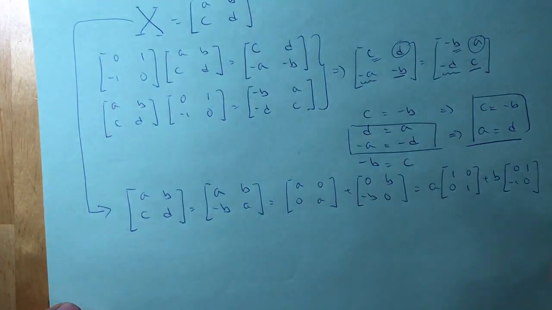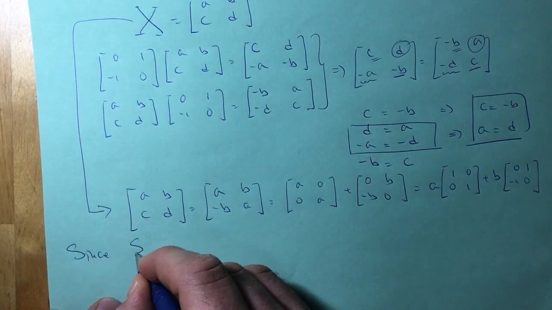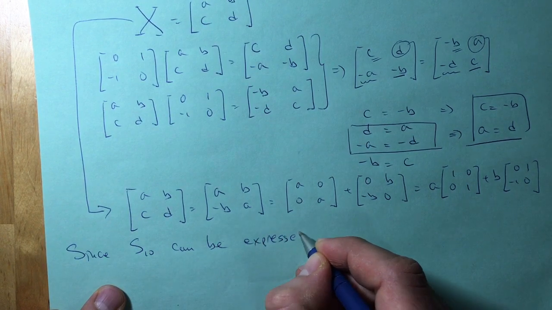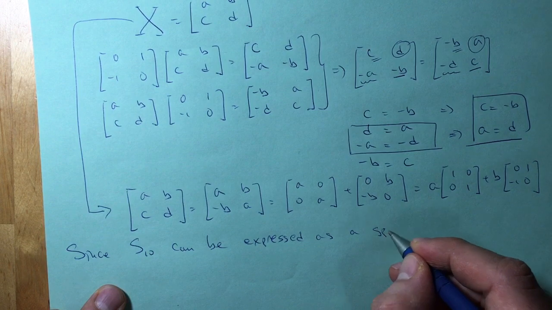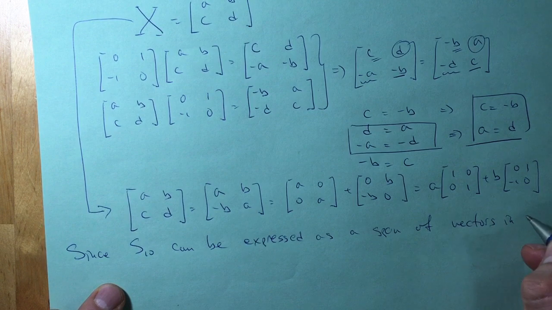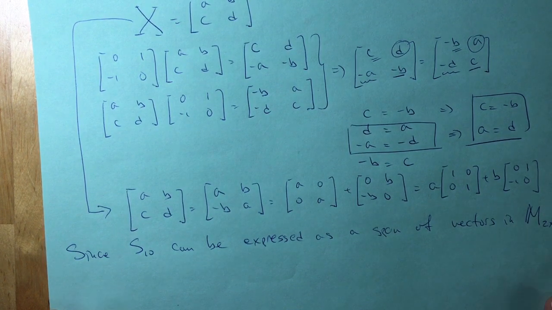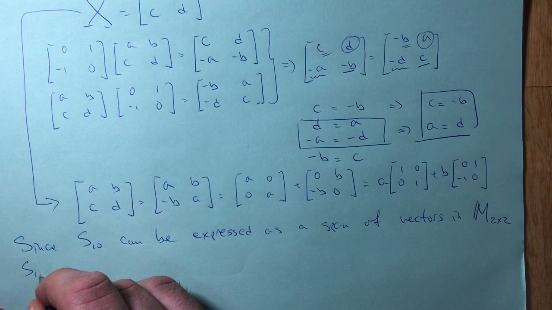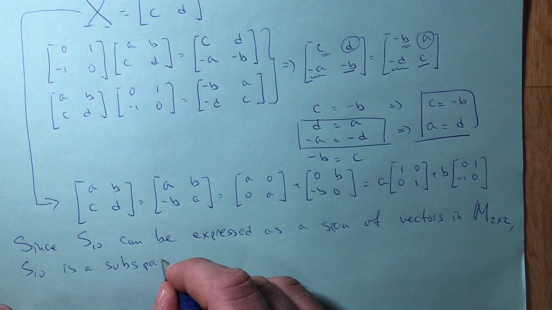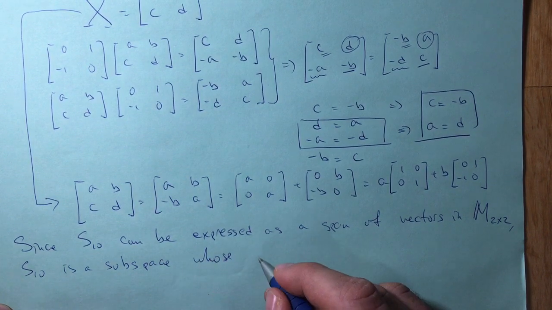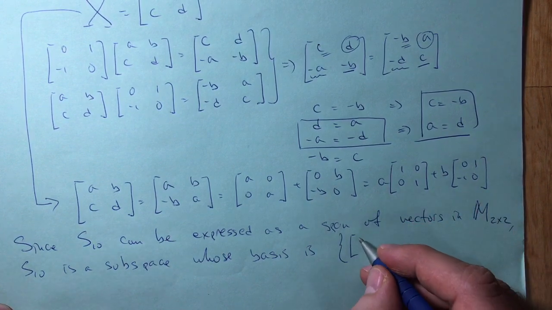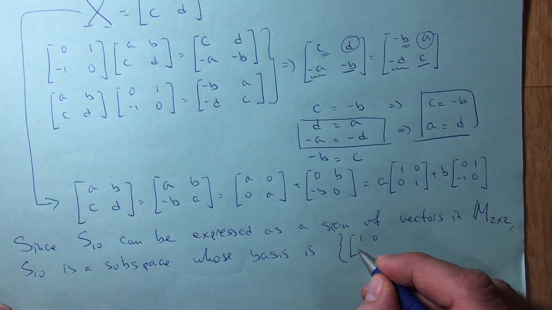So since S10 can be expressed as a span of vectors in M2 by 2, S10 is a subspace whose basis consists of these two vectors.